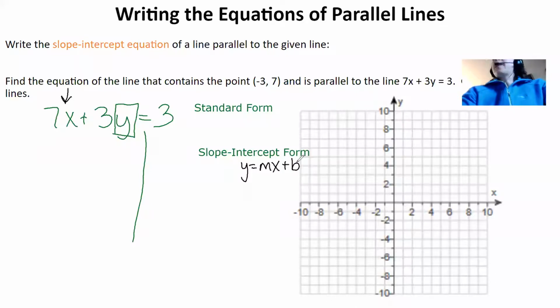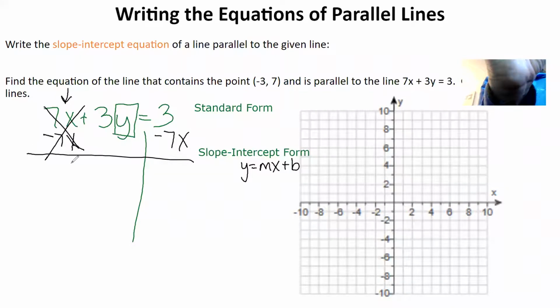So my first step is, if we have a positive 7x, I'm going to do the opposite of this entire term to get rid of it on the y side. And whatever I do on one side, I have to do to the other side. Okay, so you will always do this step first. Whatever your x is, if your 7x was a negative, then you would add 7x to each side. But we had a positive, so we're subtracting it.